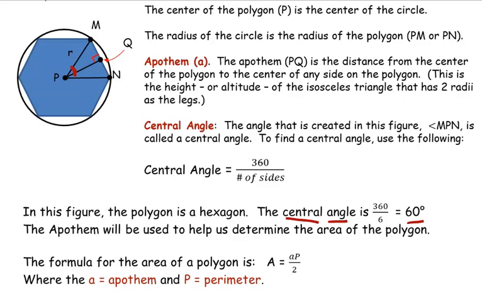But if you look at how the apothem divides this, let's draw it out here so you see what I'm talking about. I'm going to try to make it exactly the same. So P is here, here's my apothem, and that's Q. Since the sides are the same, this one and this one are exactly the same, so the apothem is going to divide my triangle into 2 congruent triangles.